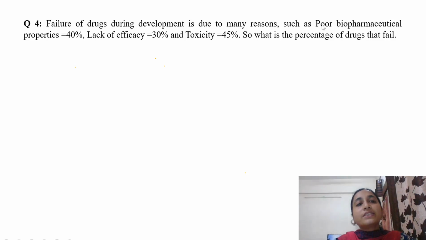And in the question it's written poor biopharmaceutical properties. In this place, we can write some other properties of a drug like solubility or something. Then you can understand this question, no? You understand like this? Yes, that is the confusion.